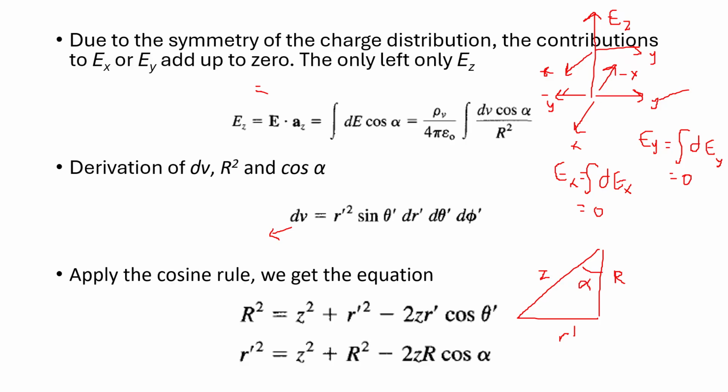Using the cosine rule, r prime squared equals z squared plus r squared minus 2zr cos alpha, because it is opposite to this alpha. How about r squared? Because here you have the value of theta prime, the expression for r squared equals z squared plus r prime squared minus 2z r prime cos theta prime.